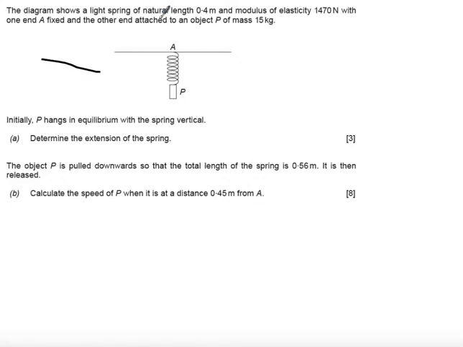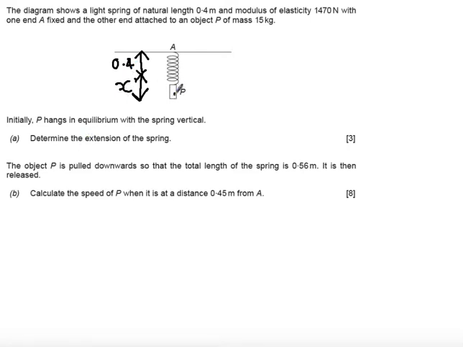Well, let's use the diagram to help with this question. What I know is we have this scenario. Let's say the natural length is around there, so the natural length is 0.4 meters. I've got an extension of x, and I don't know what that extension is.